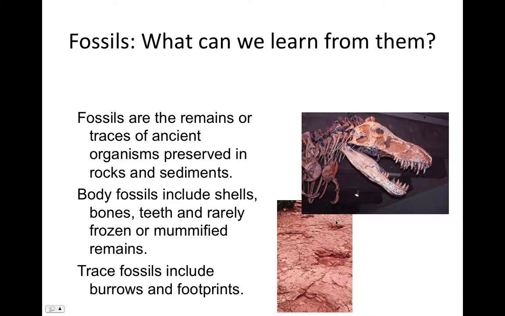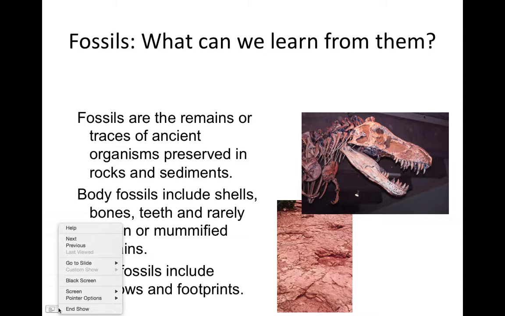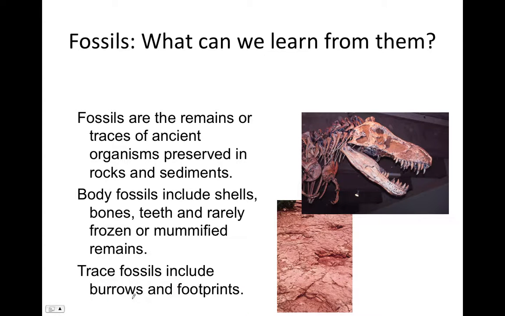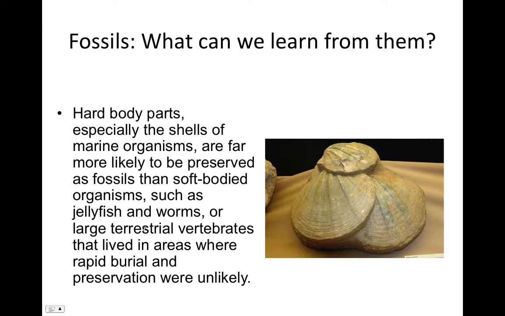Down here, these footprints are considered to be trace fossils. They're not actual remnants of the organism itself, but traces of the organism. Footprints, burrows, any of those would be considered trace fossils.